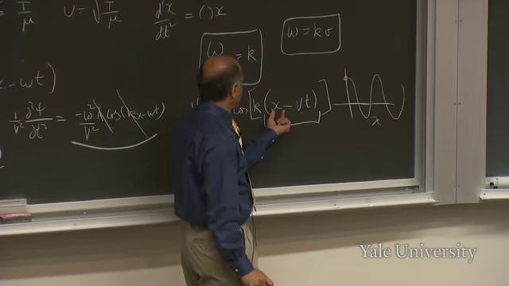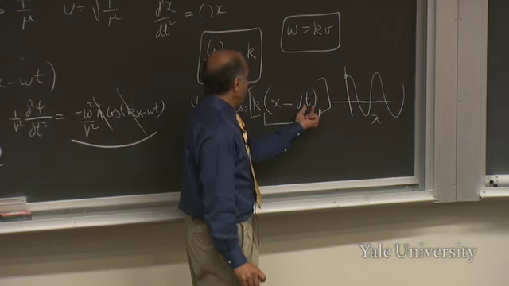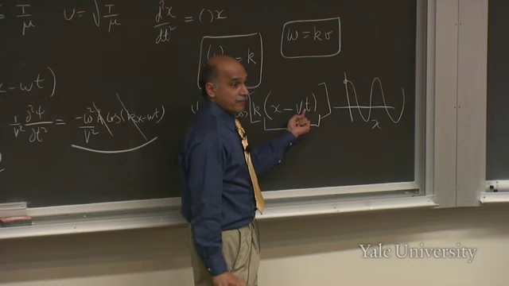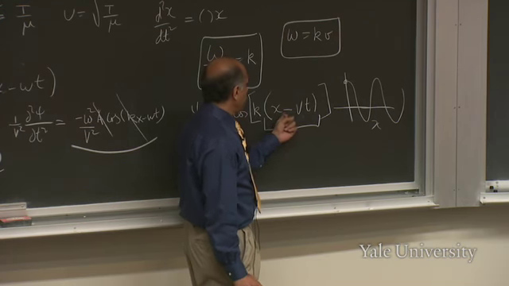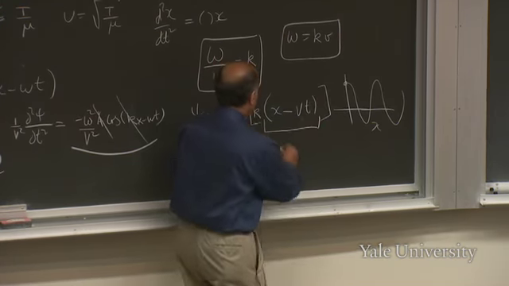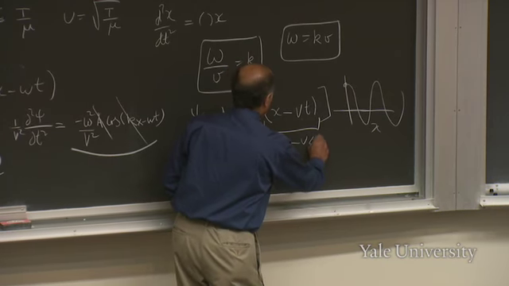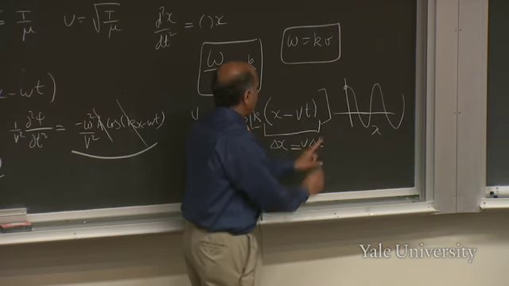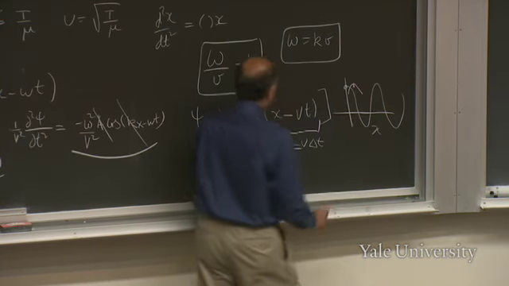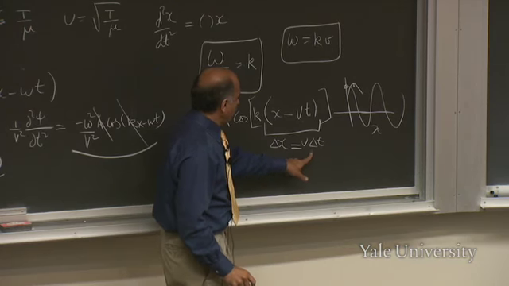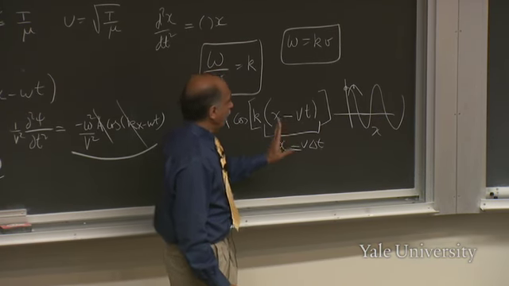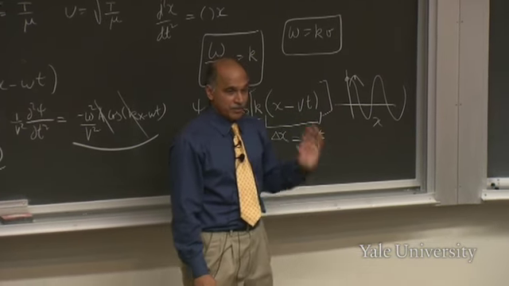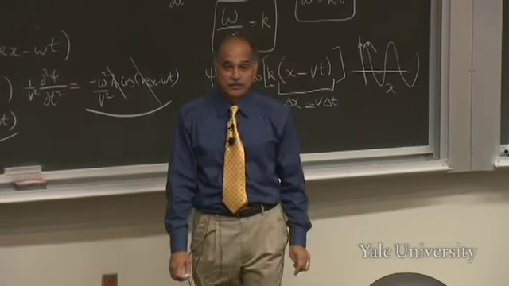If you increase time a little bit, you got to increase x a little bit so that these two still cancel each other. Originally x was at 0 and t was at 0, you're at a maximum. A little later, after some time delta t, if you go to the point delta x so that these two numbers cancel, you're still at the maximum. But that means delta x over delta t is v. That means if you move to the right, after time delta t, you will reach the crest. That means the crest is moving at the velocity v.